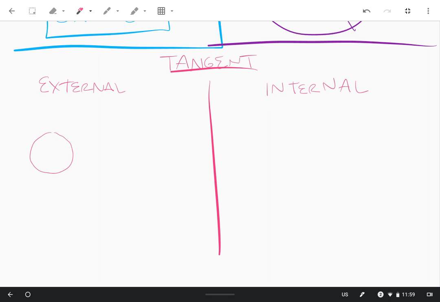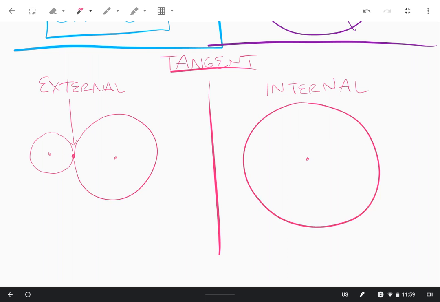Externally tangent circles would be circles, I'll do my best here to draw this. Whoa, I am struggling to draw circles today. Let's try this again. Okay, so these two circles would be externally tangent because they cross at just one point right there, versus internally tangent circles, which would be like you have a circle like this, and then you have another circle that's inside of it that really just crosses at that single point.